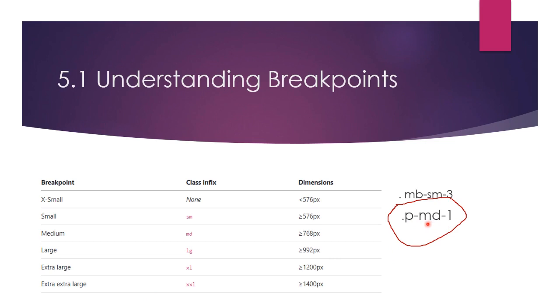Now, if you don't specify for other screen sizes above medium, for example, for large screen sizes and extra large screen sizes, it means that the HTML element is going to have a padding of 1 from medium screen size and up, right? I don't know if you get that.